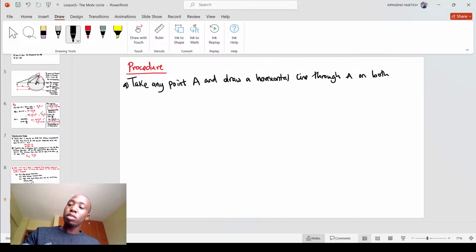That's the difference from the first one. The first one was on the right side only. This one is on both sides of A.